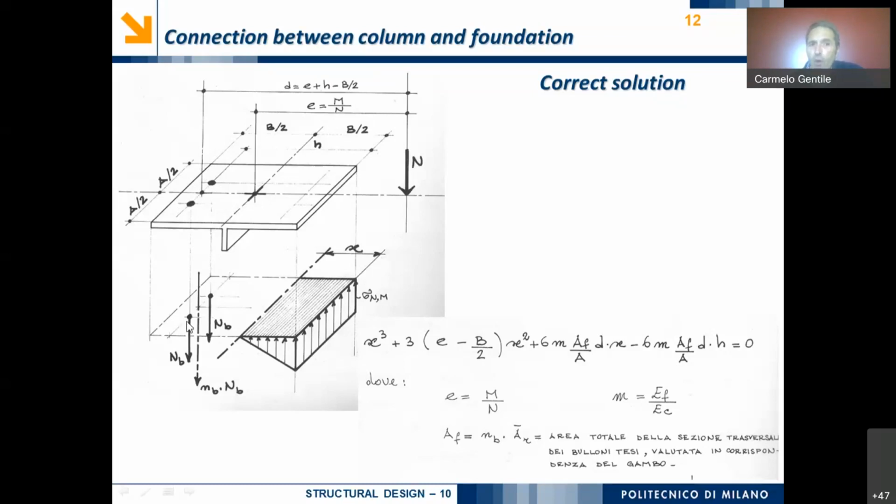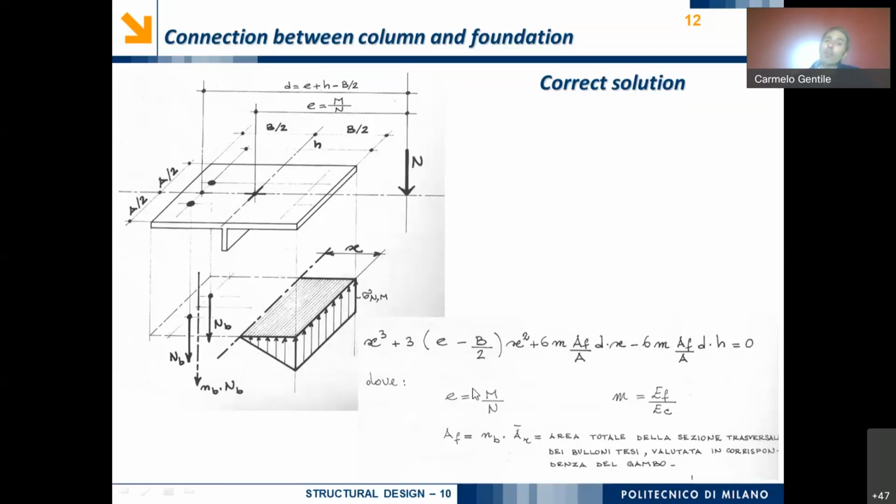And so, by assuming elastic behavior of the steel in the bolt, we will have a linearity between the stress in the bolt and the deflection.